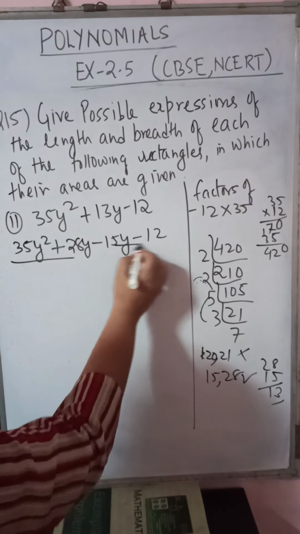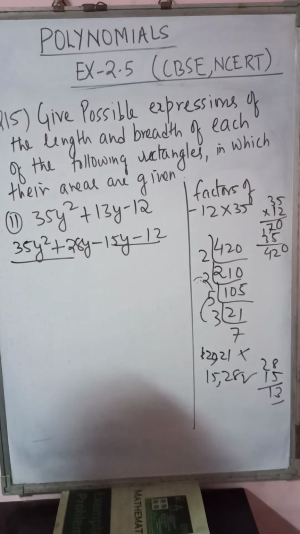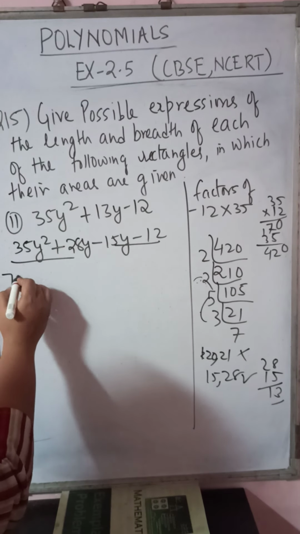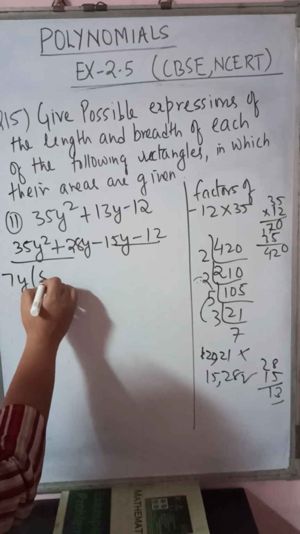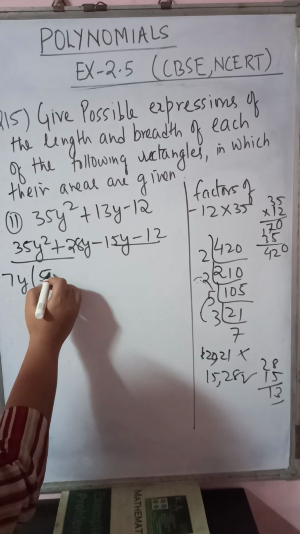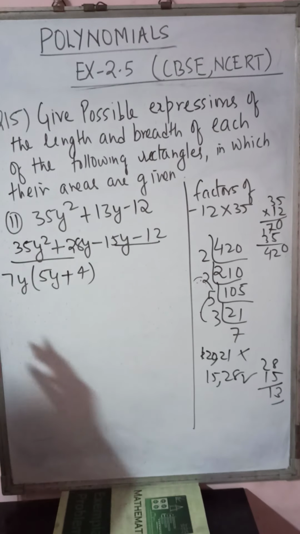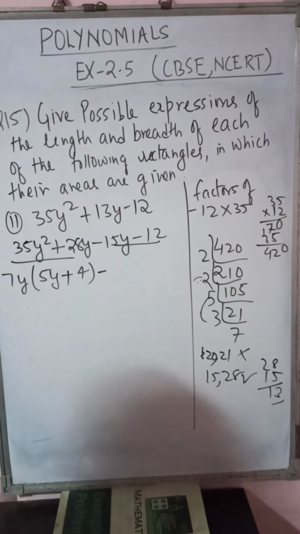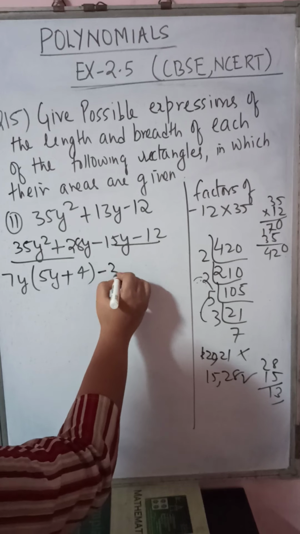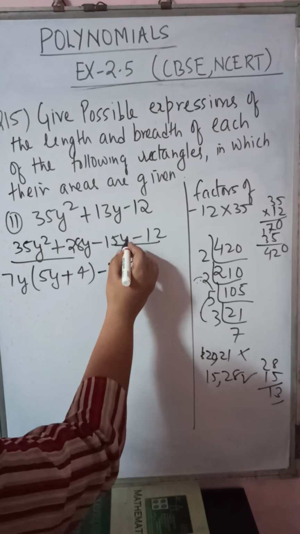Again grouping of terms, 35 and 28. Most common factor 7y. Okay, so 7 5s are 35. Y is already there. 1 y we will write plus 7 4s are 28. Okay, y is already there. Here minus sign, and 15 and 12. So 3 we will take common. 5y. 3 5s are 15.